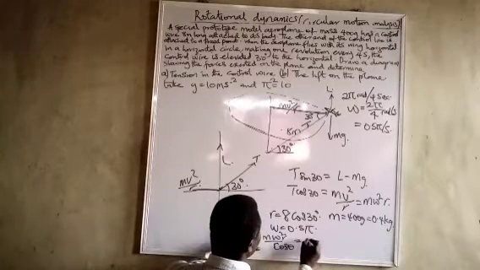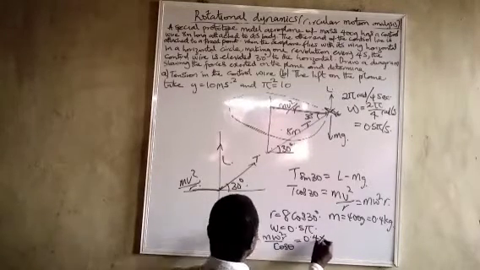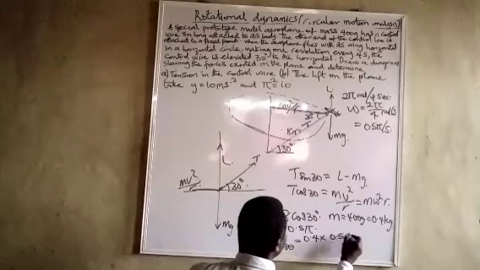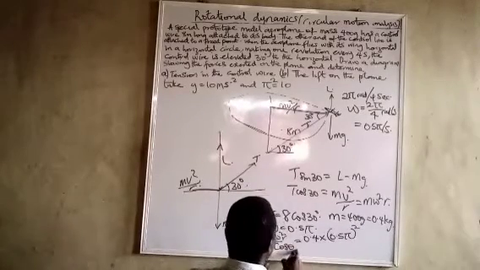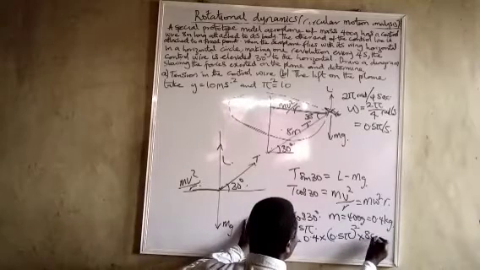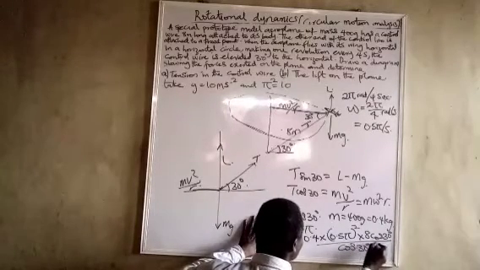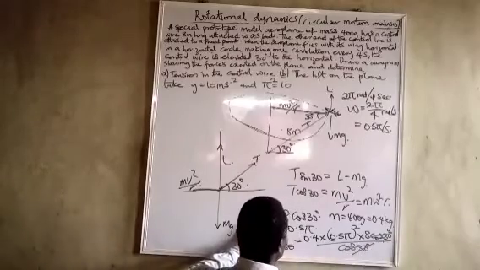That is going to be 0.4 times 0.5 pi all squared times 8 cos 30 degrees over cos 30 degrees. So we cancel this.